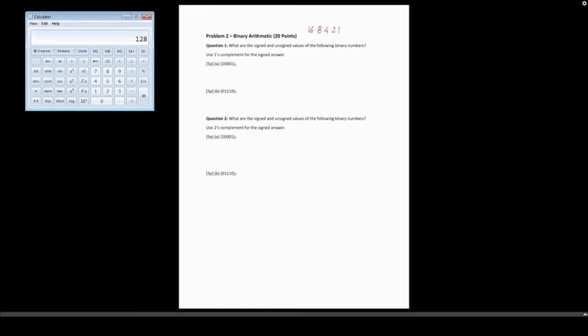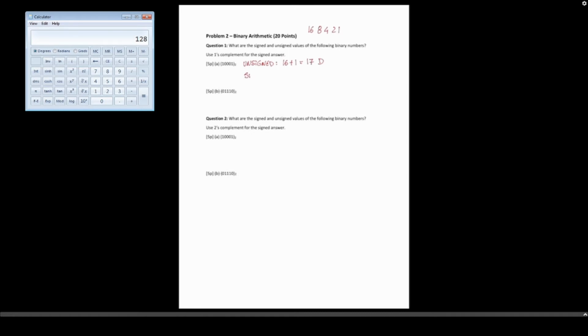So I have 16 plus 1, which gives me 17. So this number, if it's an unsigned number, no sign, is representing the value 17 decimal.